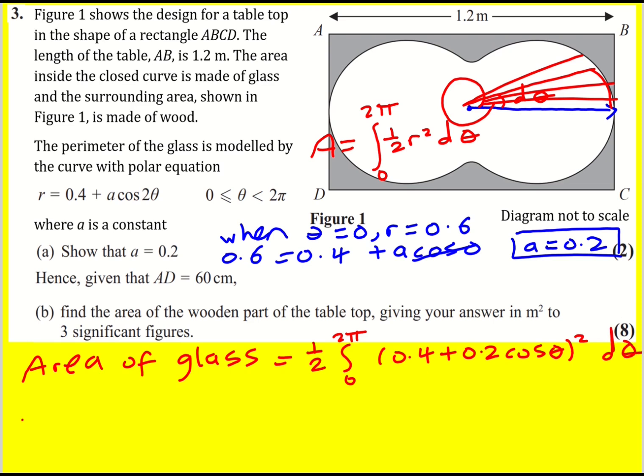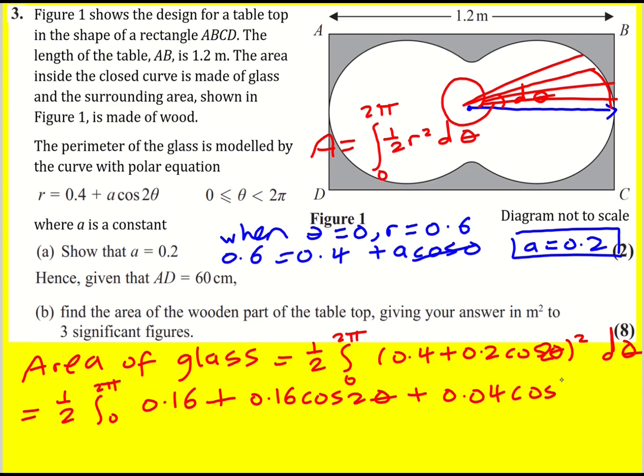Expanding, we get 0.16, then 0.4 times 0.2 is 0.08, doubled because there's two of them, so 0.16 cos theta, plus 0.04 cos squared theta.